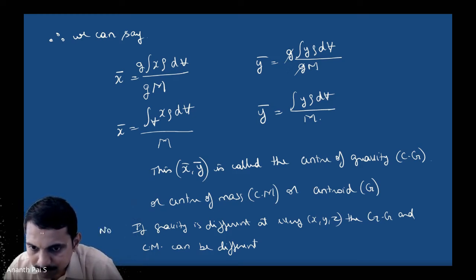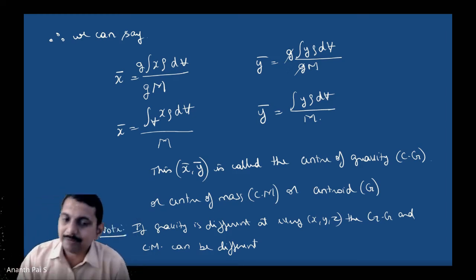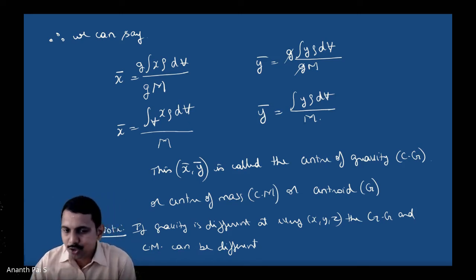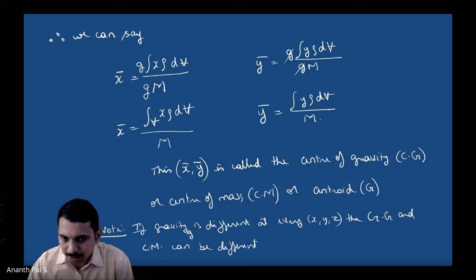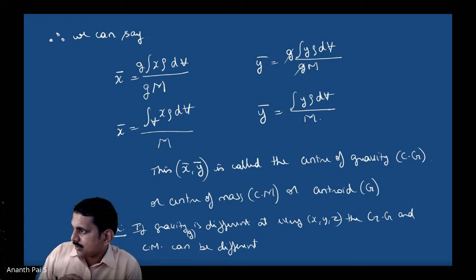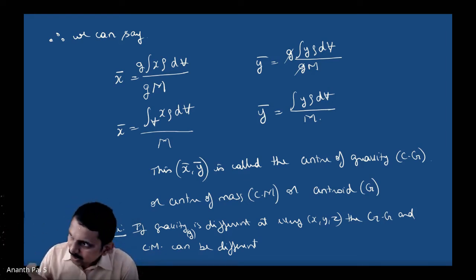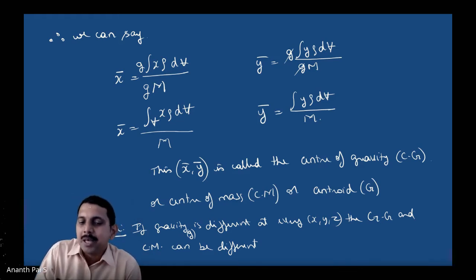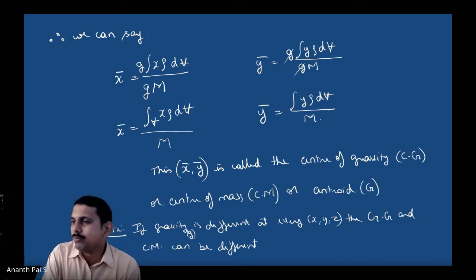Note, very important: if gravity is different at every x, y, z, gravity in the sense of G, and when I say gravity, it means acceleration due to gravity, force per unit mass, if that is different at different points of the rigid body, then the center of gravity can be different from the center of mass.